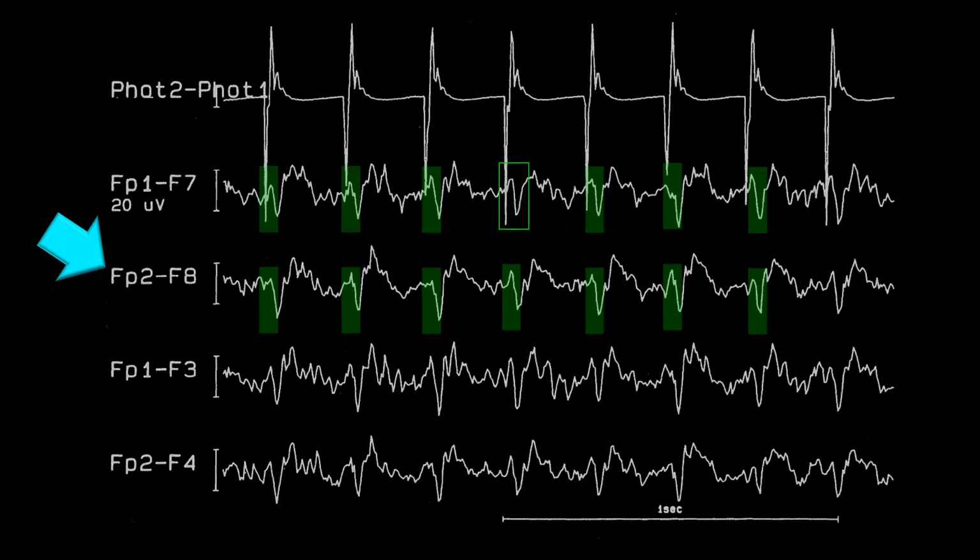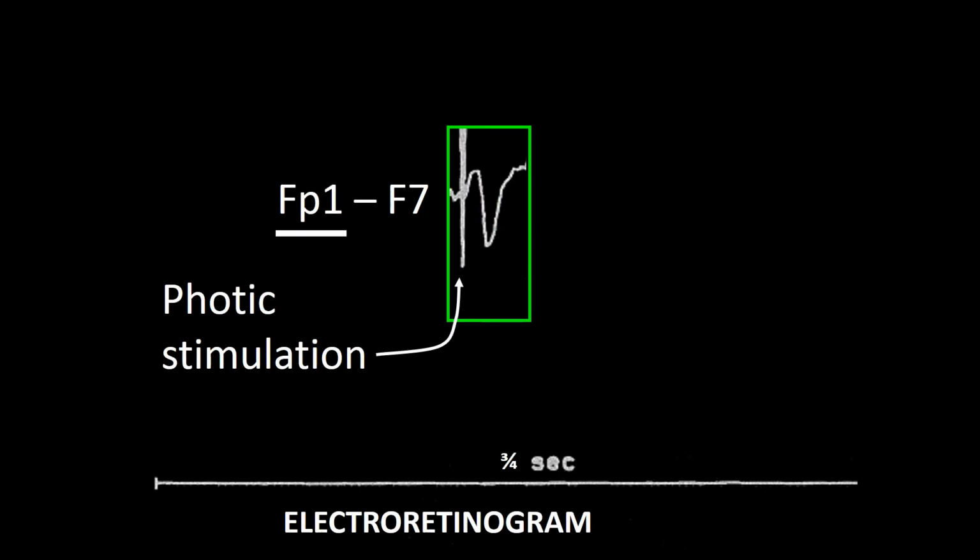In this frame, I have selected one of the responses, and I have enlarged it in this new frame so you can see the waves and appreciate them better now that they are enlarged.